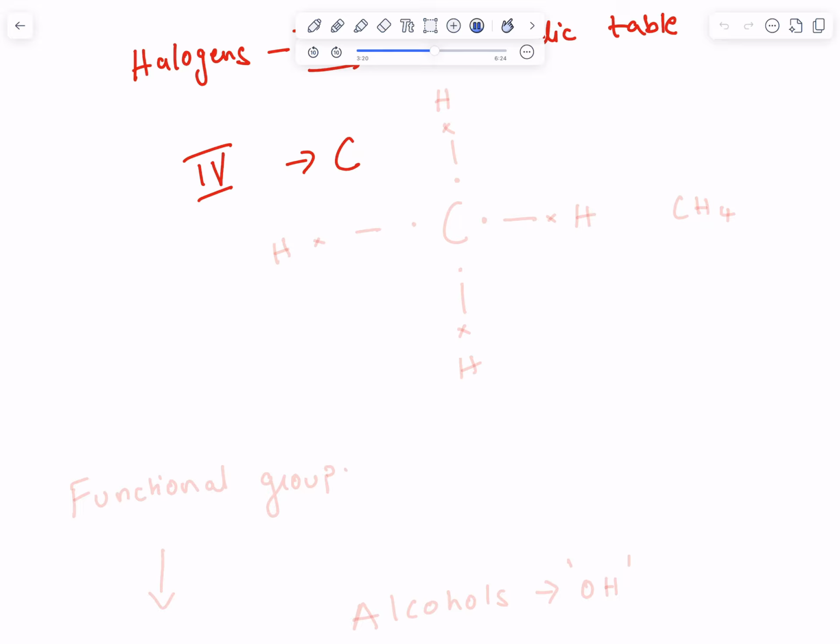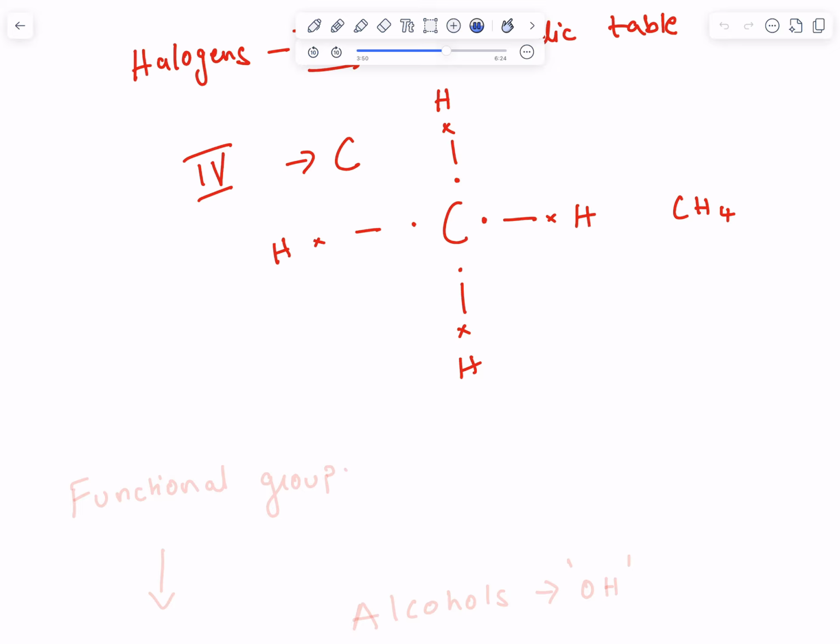So it has 4 electrons in the outermost shell. And because it has 4 electrons, it is able to form 4 covalent bonds with other elements. And carbon's bestest friend, or the BFF, is hydrogen. Here I have drawn methane, CH4, a simple alkane.